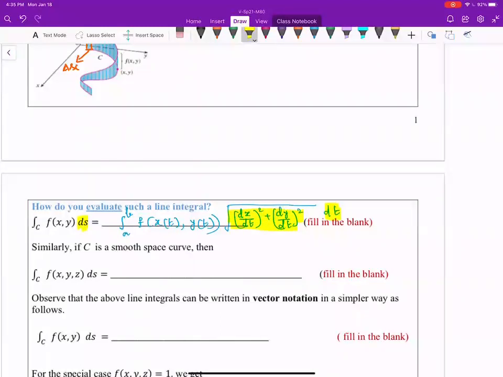Similarly, if C is a smooth space curve, so it is three-dimensional, then the integral over C of f(x, y, z) ds extends the previous idea for two dimensions. You have f of x(t), y(t), z(t).